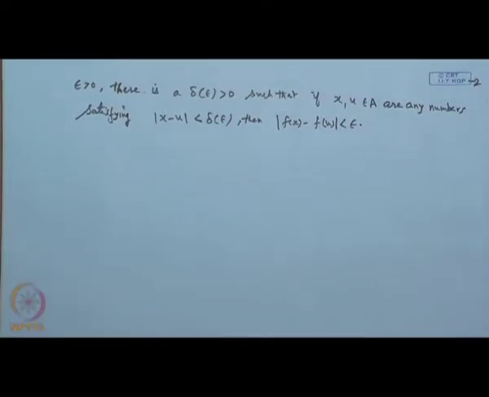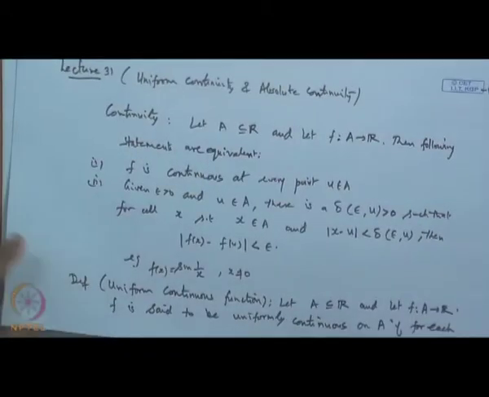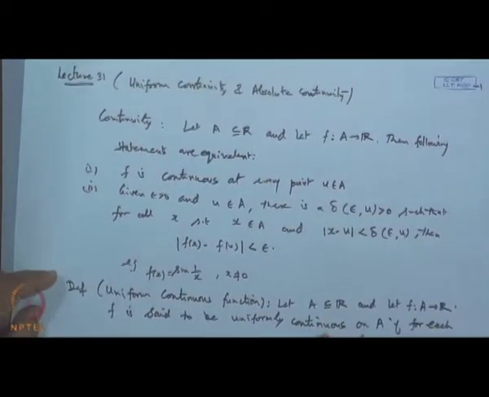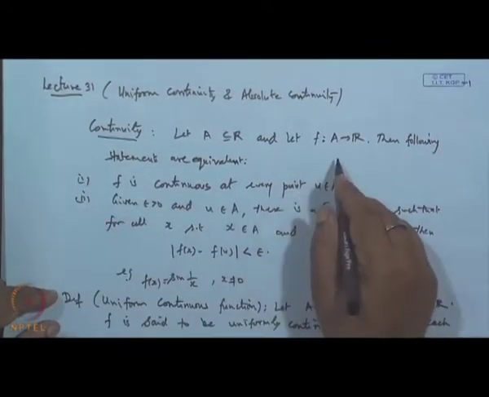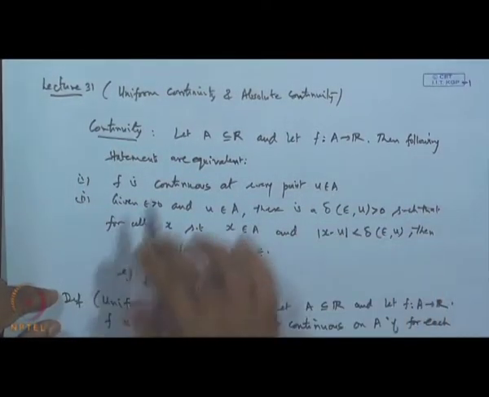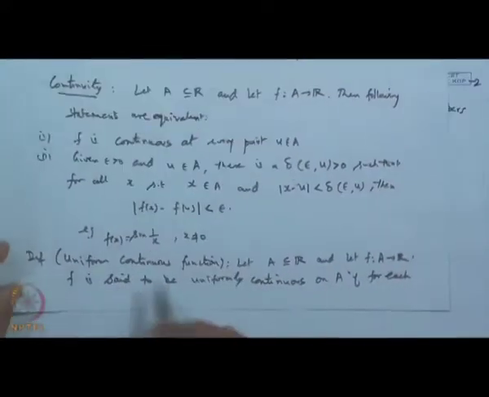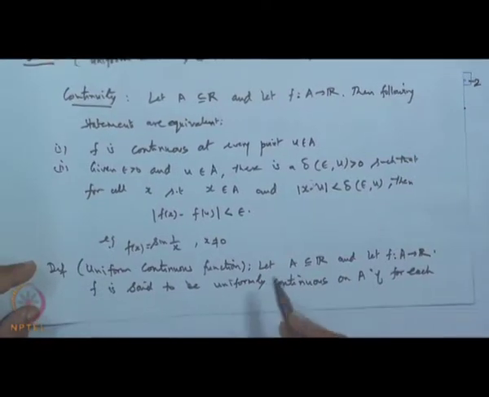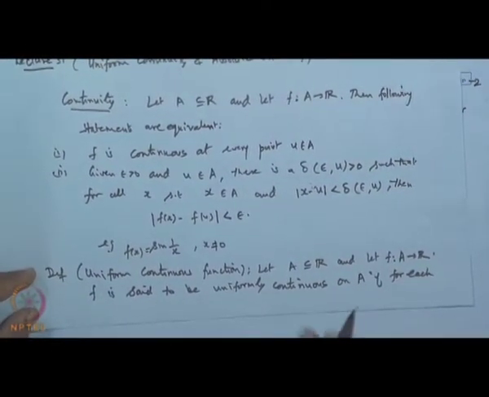So, what this shows is that a function is said to be uniformly continuous over the set A. Remember, when we say the function is continuous, then we can say the function is continuous at a point. So, at a point we can identify a delta which depends on the point, but when we say the function is uniformly continuous, then saying uniformly continuous at a point is meaningless. It will be continuous over a set.